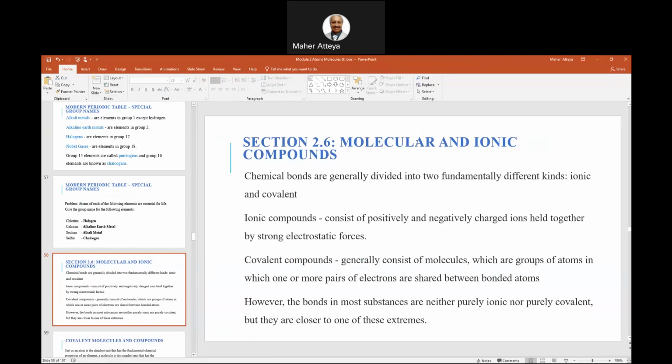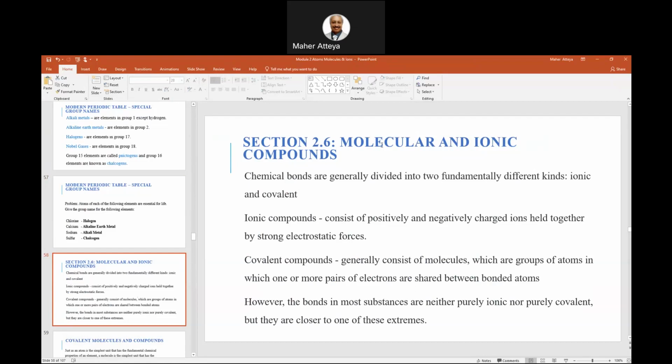So now we have to look at the molecular and ionic compound. The types of bonding between elements within the periodic table: they can combine themselves in two types. We have other types, but for our purposes, for chemistry, we'll go for two types. We have ionic bonding and covalent bonding.